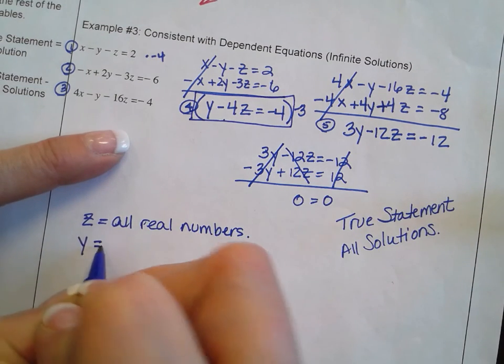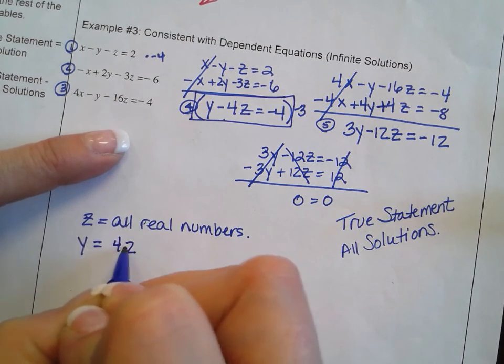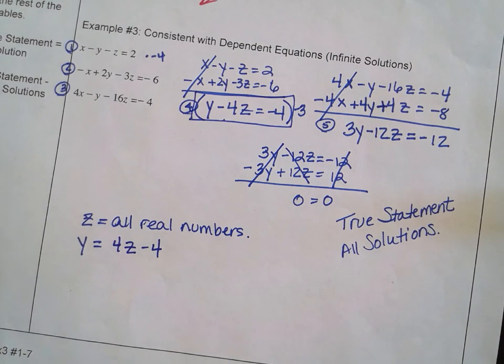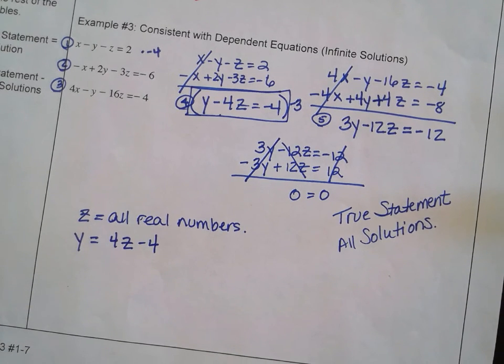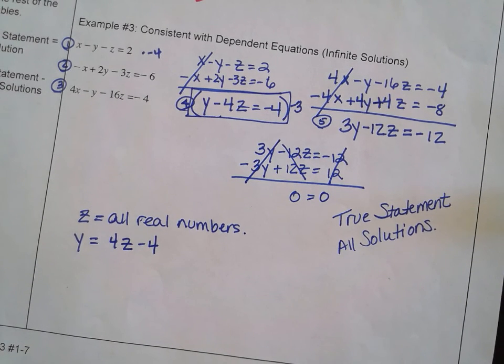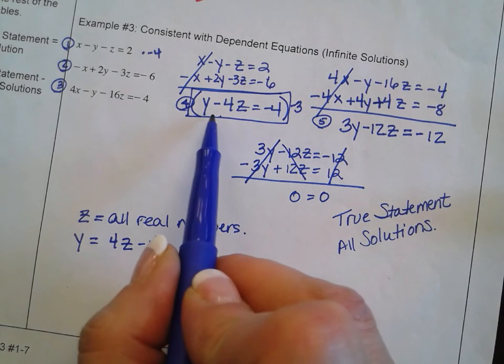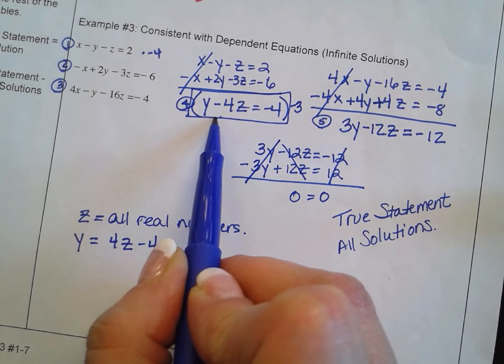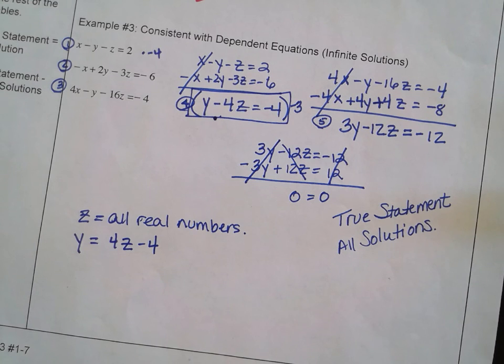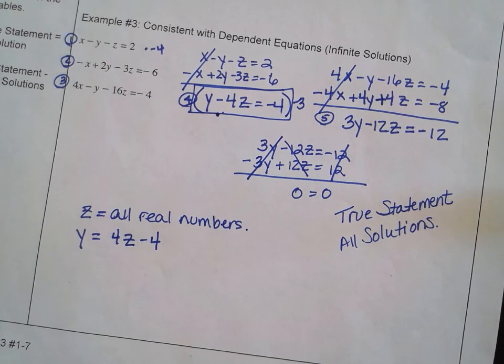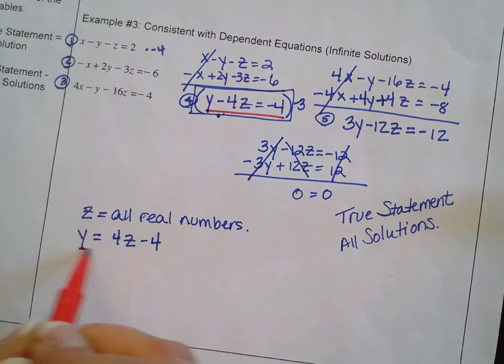So y is going to be equal to 4z minus 4. Okay? Everybody with me? Because I took equation number 4 and I just solved it for y.